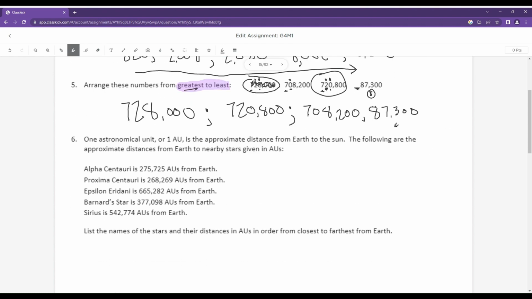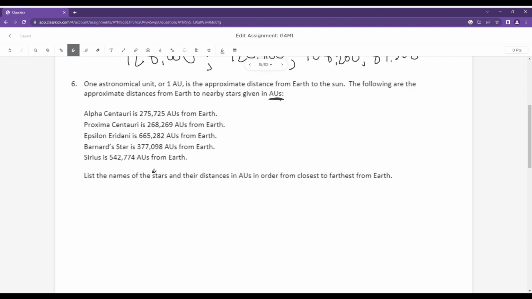Number 6 says 1 astronomical unit, or 1 AU, is the approximate distance from Earth to the Sun. The following are the approximate distances from Earth to nearby stars given in AU. So AUs is really just our unit here.